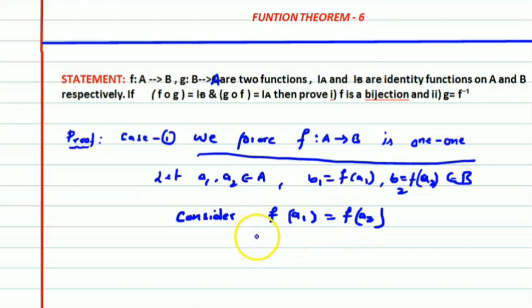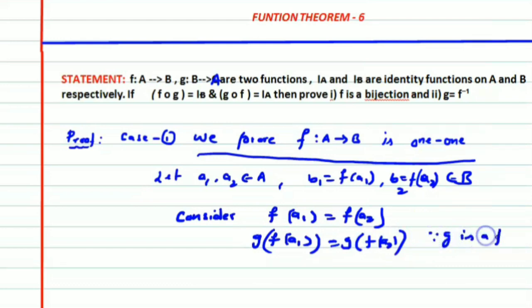So I can apply G on both sides. Therefore, G of F of a1 is equal to G of F of a2. How? Since G maps B to A is a function, if b1, b2 are two elements, G of b1 and G of b2 certainly exist since it is a function.